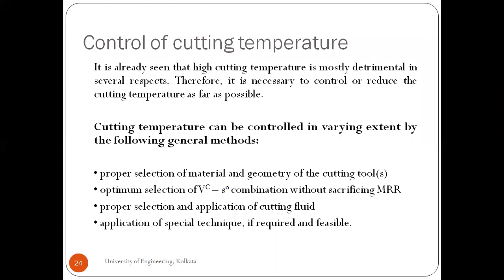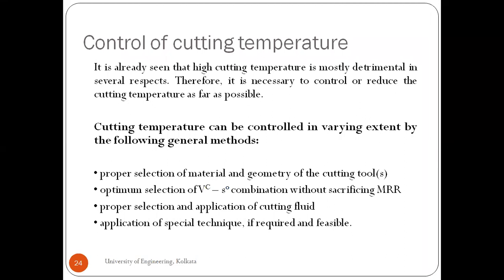And again, optimum selection of VC, the cutting speed, and S naught, the feed, cutting speed and feed combination without sacrificing the material removal rate. Proper selection and application of the cutting fluid, and the application of special techniques if required and feasible.